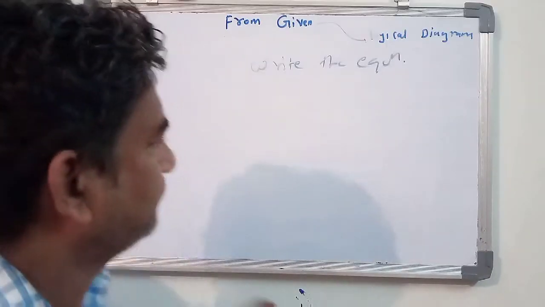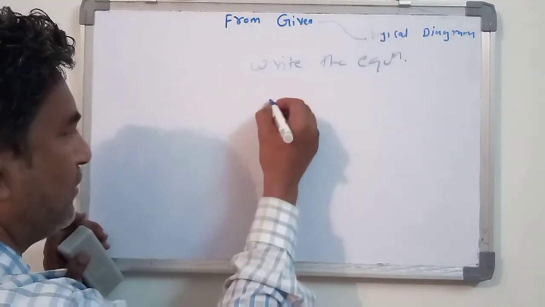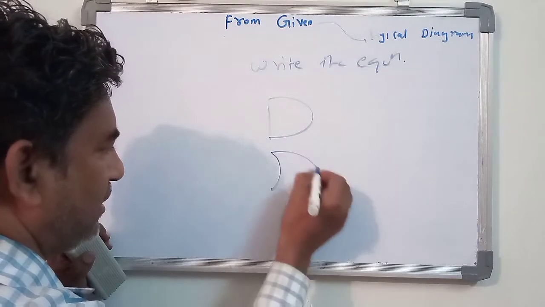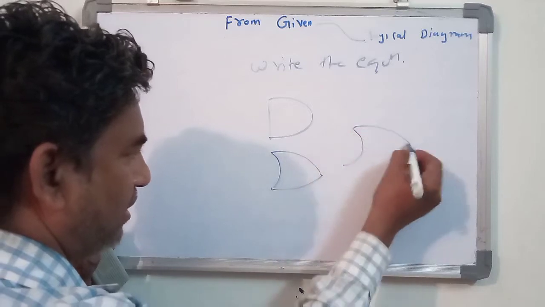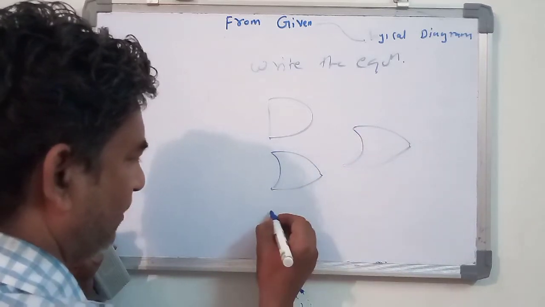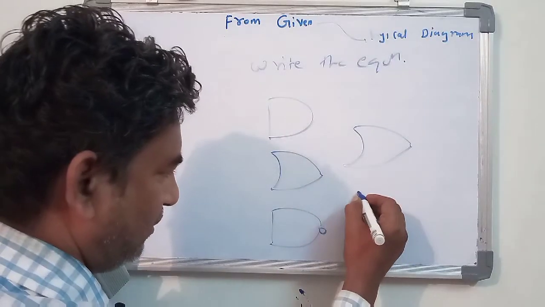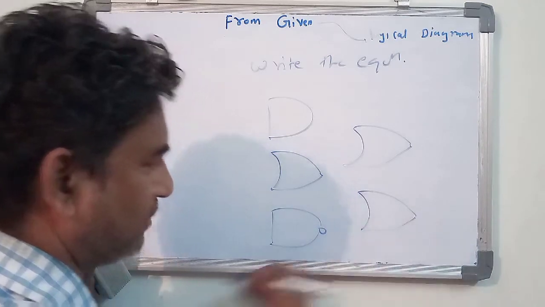Okay students, so the third one, if you have this one gate present here, this is another gate present, and this is another gate present like this. Suppose it is connected to this one like this, and this one is the gate like this.